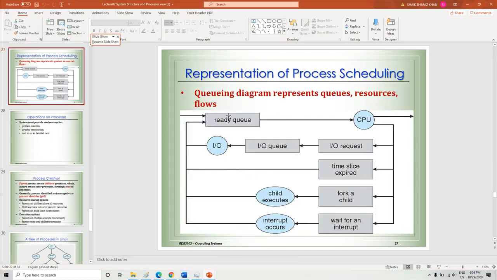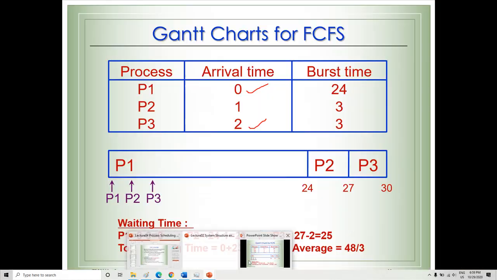Just assume P1, P2, P3 are here. The processes would be put in order, as far as this algorithm is concerned, based on their arrival time. So the process which arrives to the ready queue first would be scheduled first to the CPU.